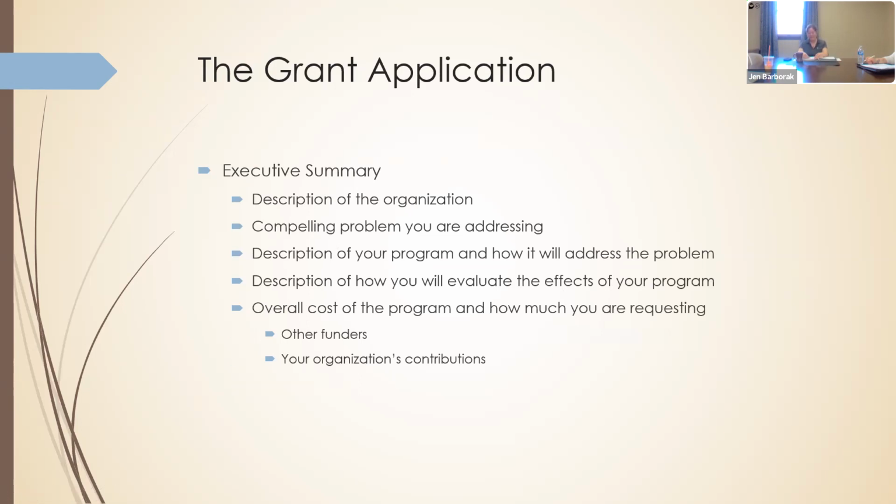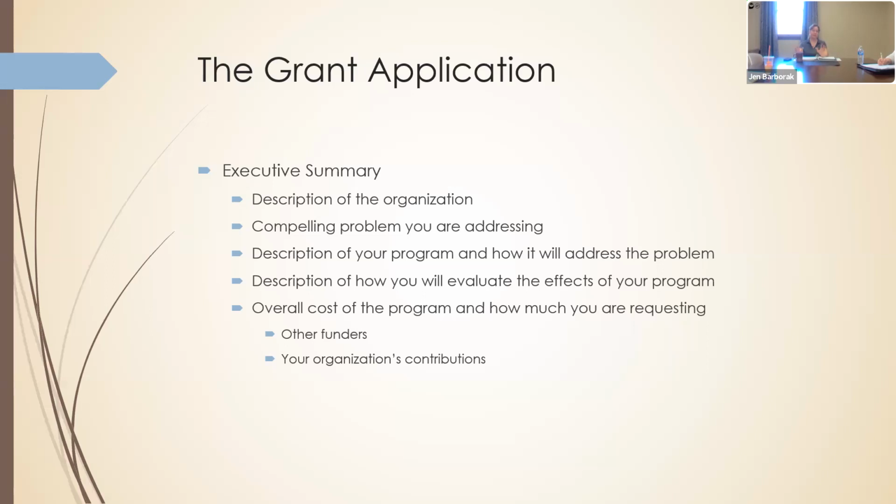And then the third thing is, does it mention the total program, the project cost, and the amount of funding requested? So those are the 3 main meat of your executive summary. And then look at your length. If it's no more than 2 pages or within whatever the maximum page length the funder asks for, then you should be good to go.